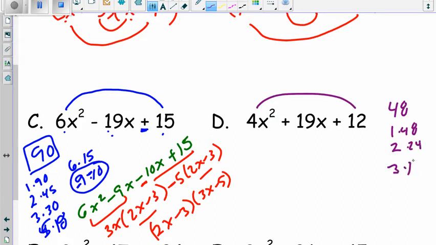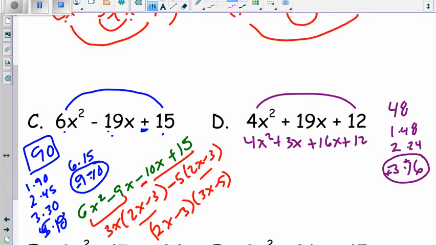3 and 16. I think those would work. Yes, so there's more factors, but I think 3 and 16 will work nicely. They both have to be positive because all my signs are positive. So I'm going to get 4x squared plus 3x plus 16x plus 12. And then we're going to look at the first two terms and factor out what we have in common.